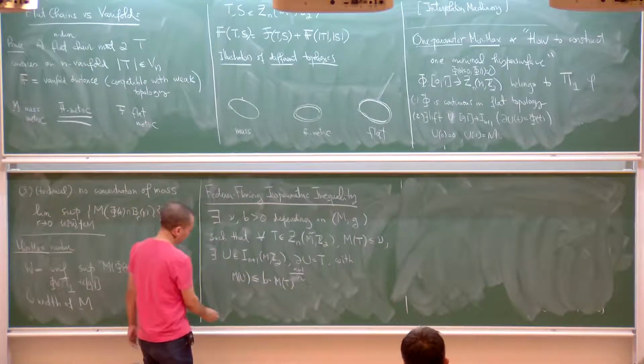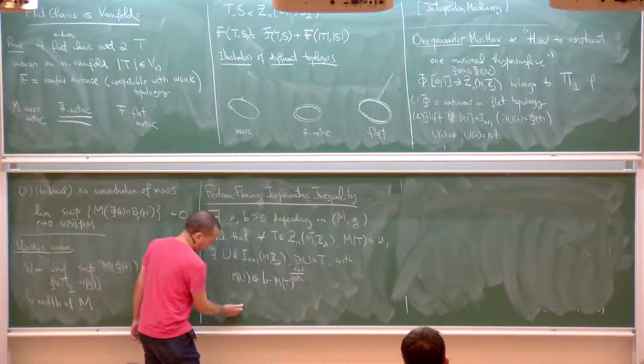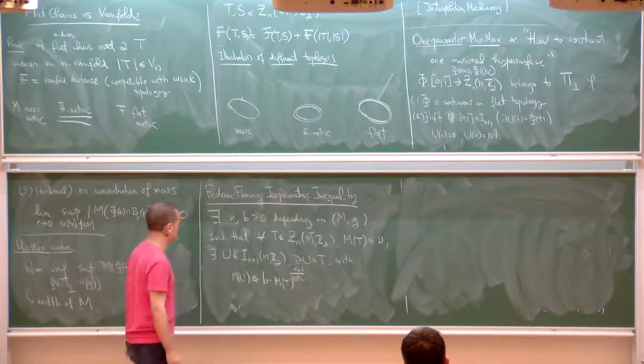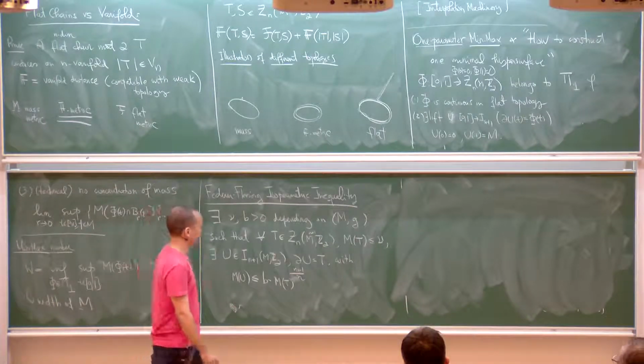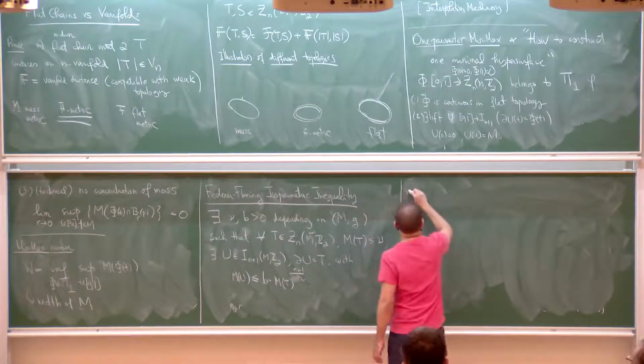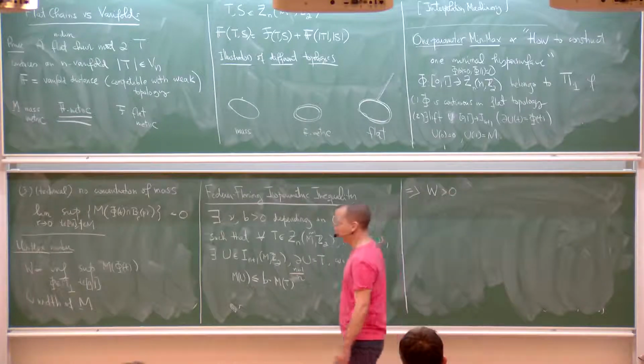Okay, so this is saying that if my cycle has very small mass, I can find a filling with very small volume. This is the isoperimetric inequality. So I claim that this implies that this number is strictly positive.